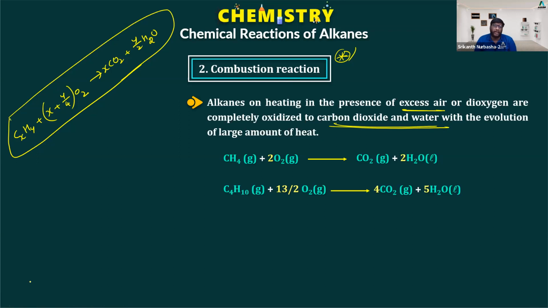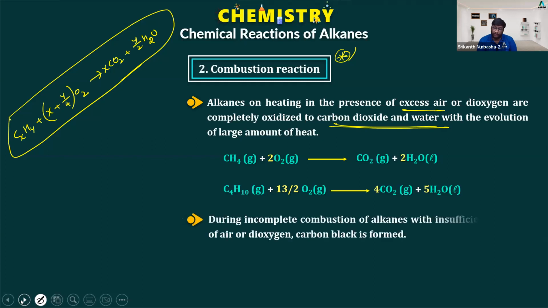Incomplete combustion of alkane will happen whenever we do not have a sufficient amount of air or dioxygen. Then you don't have the formation of carbon dioxide, whereas carbon black is going to be formed. So if I treat methane with oxygen in incomplete combustion, you will get C solid plus 2 H2O only.